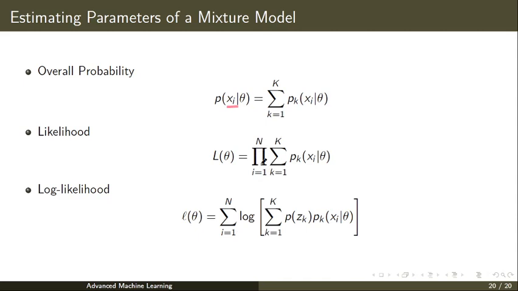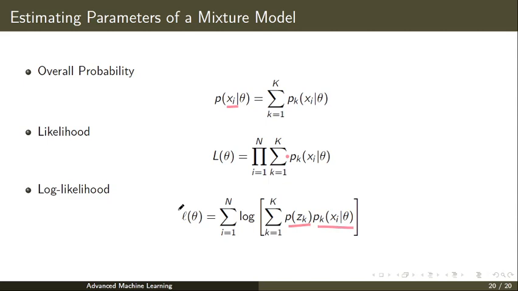So this product will become a summation: summation over i equal to 1 to n of log of the summation over 1 to k of probability of z_k, which is the prior, into probability of x_i given z_k.